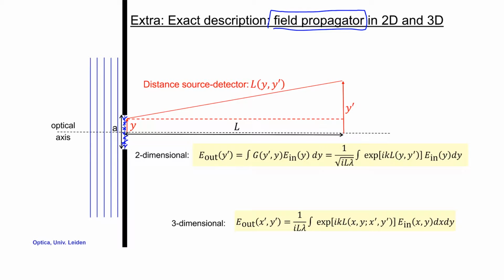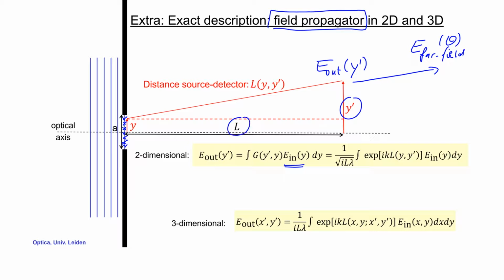We create a series of secondary Huygens sources inside the diffracting object, and these sources emit towards what we previously called the far field, where we considered the diffraction as a function of angle, but which in this more general description is the field at a certain transverse displacement y prime at the distance L away from the slit, which is not necessarily far away, right?